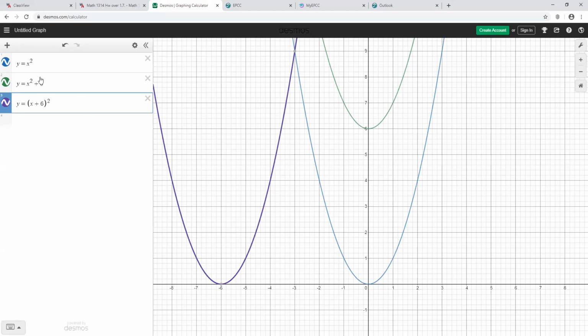If the addition or subtraction is outside of the function, not inside next to the variable x, then it's the vertical translation. And then you do what it says. So plus 6 would be up 6. And that's what this green one is right here.